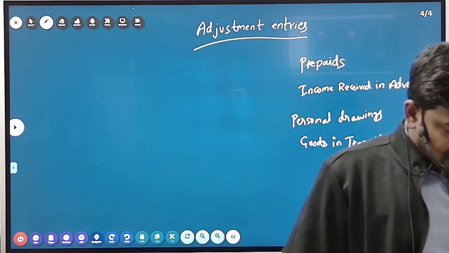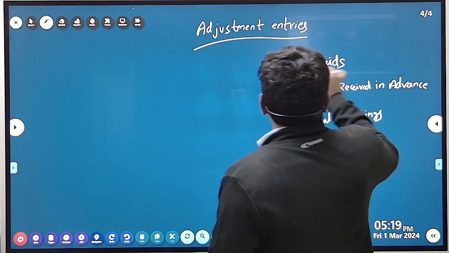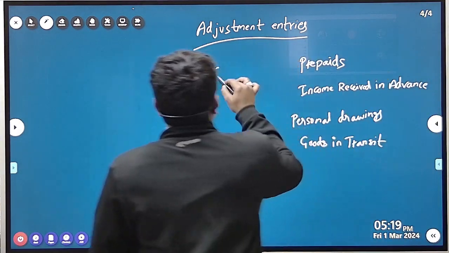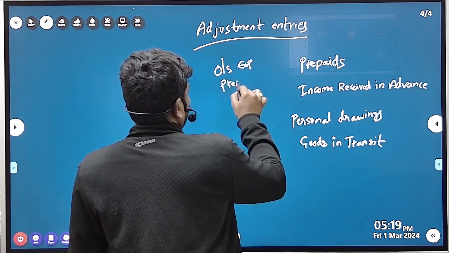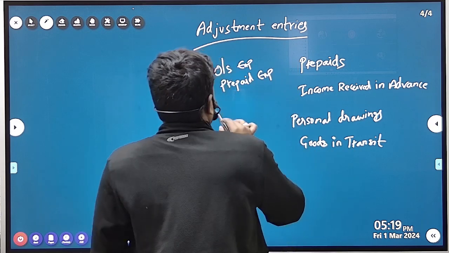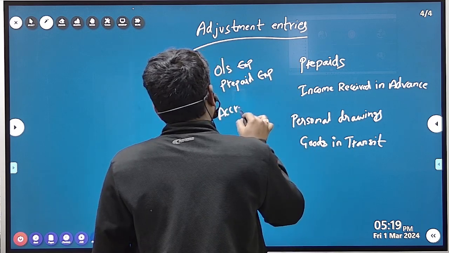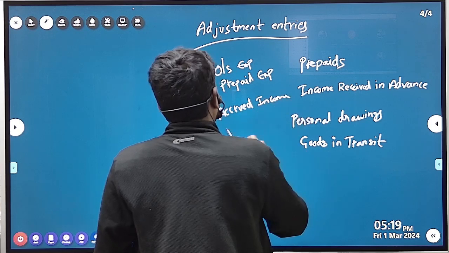Okay, all these entries are adjustment entries. Outstanding expenses, prepaid expenses, accrued income, income received in advance.